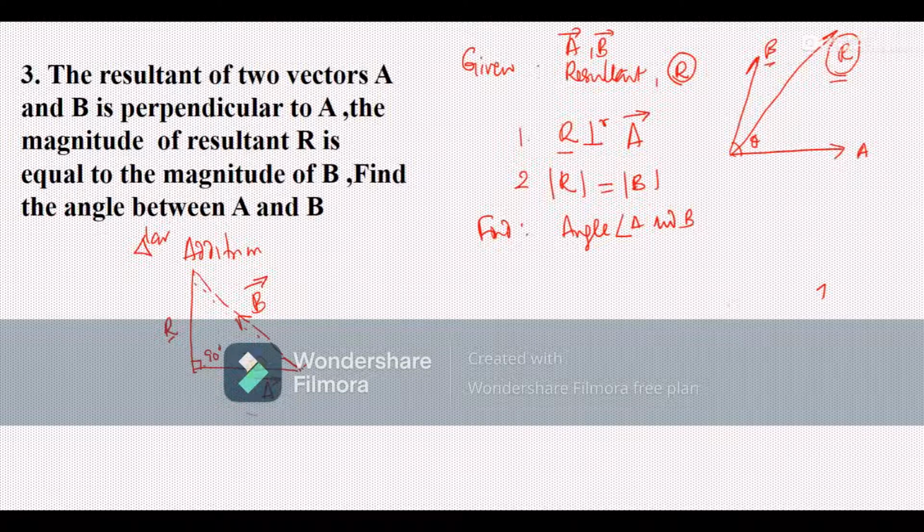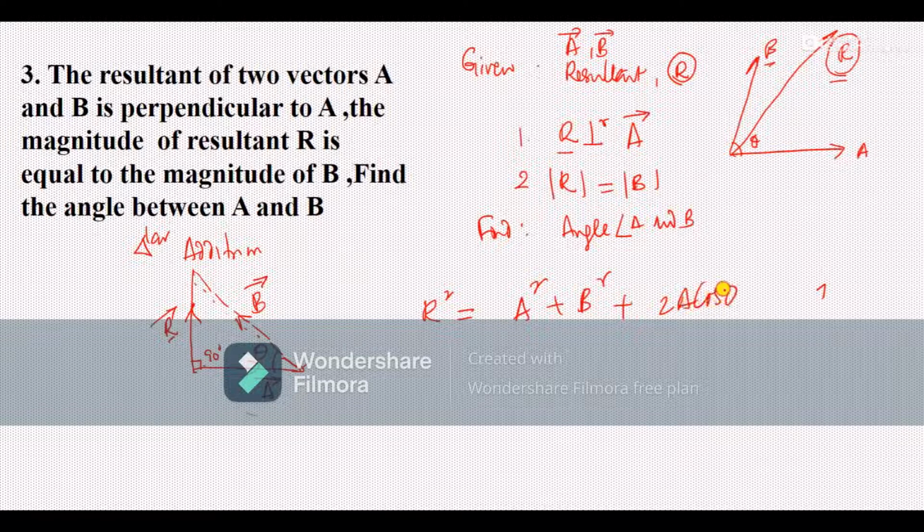Here the next vector B should be the closing side, but the only way to draw the diagram is to coincide in this direction. Let us see how it is possible. Suppose we draw the vector in this direction, the resultant will be in this direction, the closing side, but that is not the way the problem is given. The problem shows that R is perpendicular to vector A, but here R is making some angle, so B cannot be in this direction, it should be in this direction only.